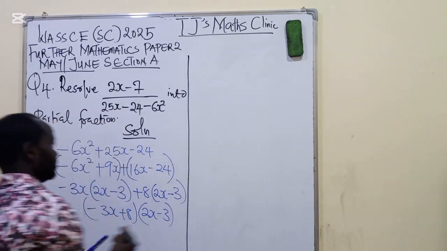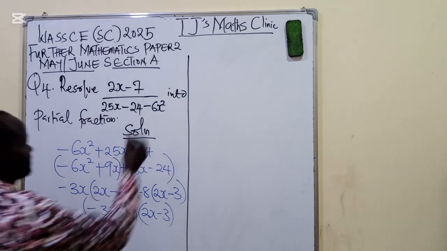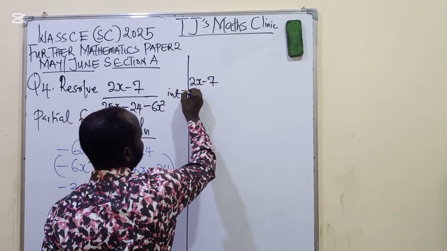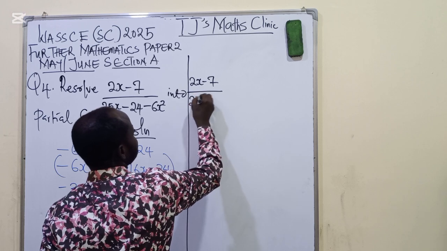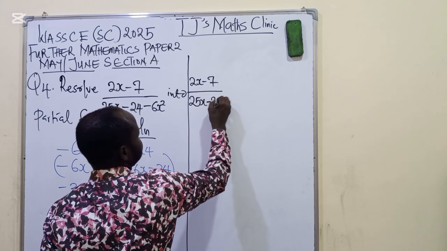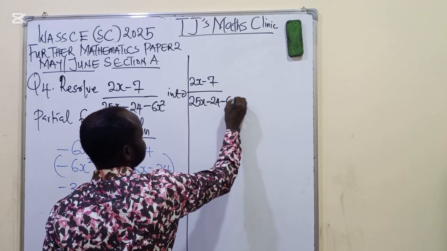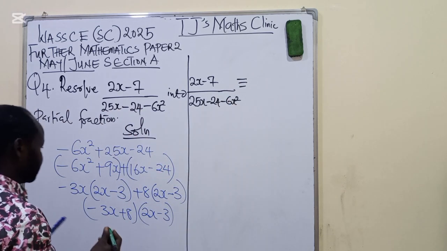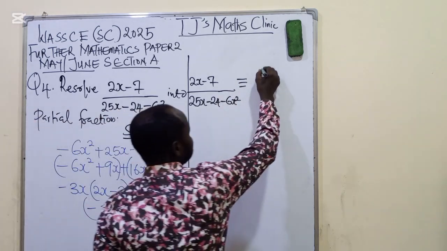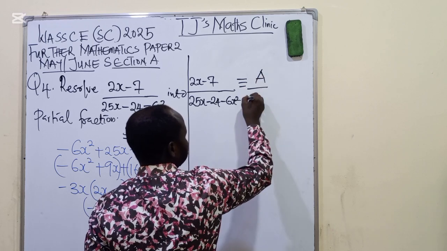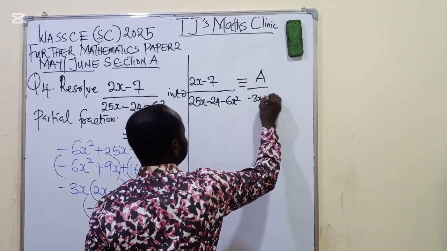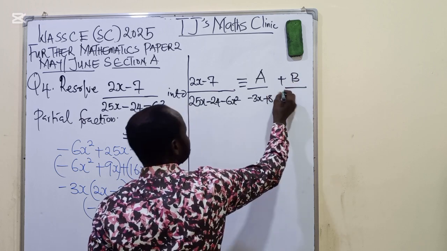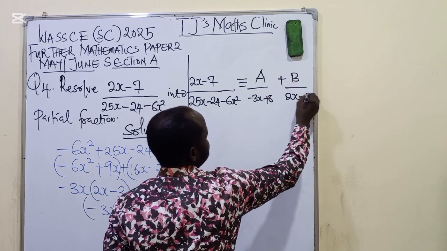So we can easily split this now into partial fractions. It means (2x minus 7) upon (25x minus 24 minus 6x squared) will now be equivalent to A divided by (minus 3x plus 8) plus B divided by (2x minus 3).